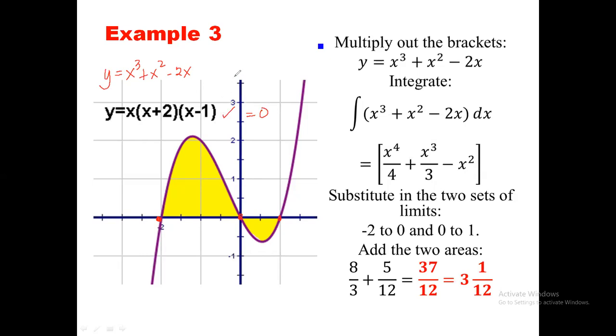Now what will happen? You could see that these factors now could be equated to 0 separately to give you the points of intersection. So x is equal to 0. This is it, right? X plus 2 equal to 0, so your x is negative 2. This is it. X minus 1 is equal to 0, so x is equal to 1. So you see the reason why it has to be written in factored form?